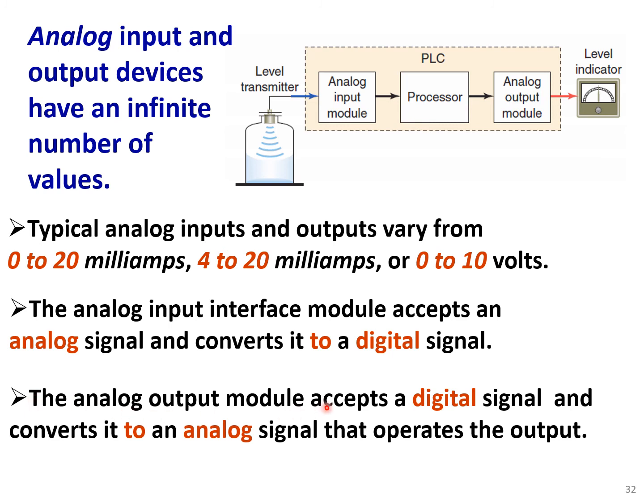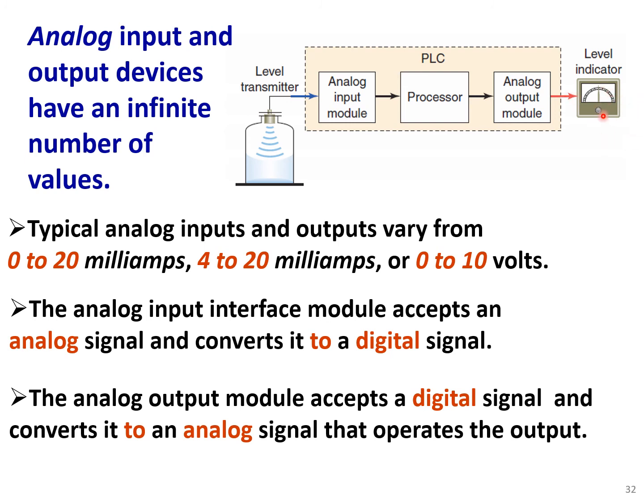The analog output module accepts a digital signal, so this is the analog output module, and converts it to an analog signal that operates the output. So it gets the digital signal from the PLC, converts that to an analog output, and sends it to the analog device.